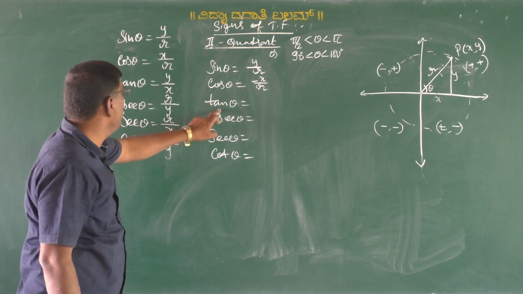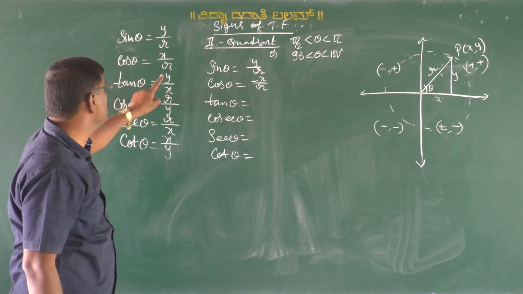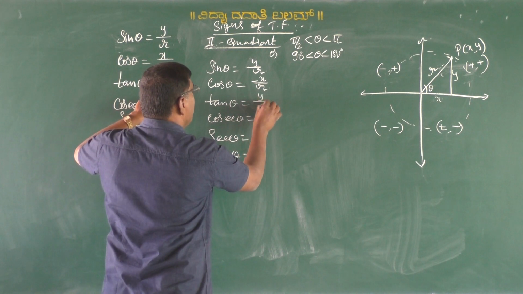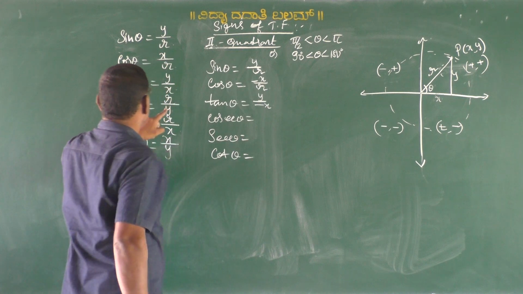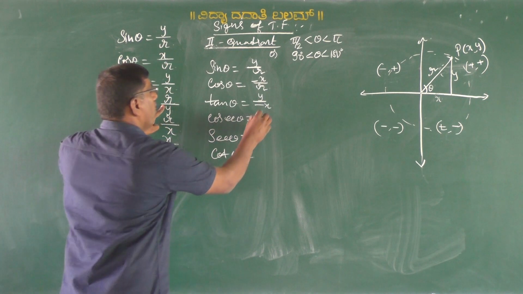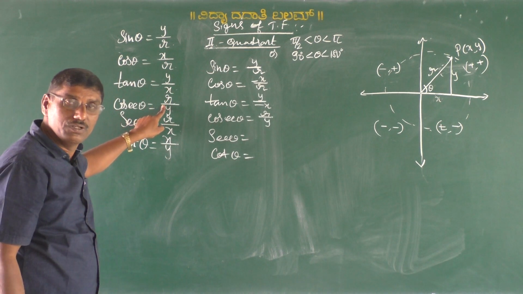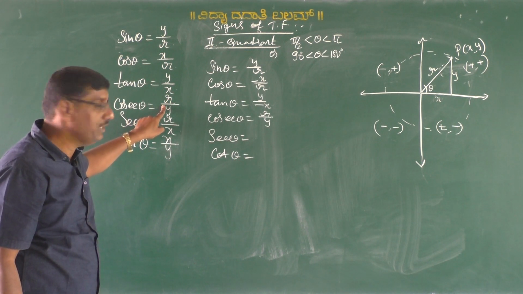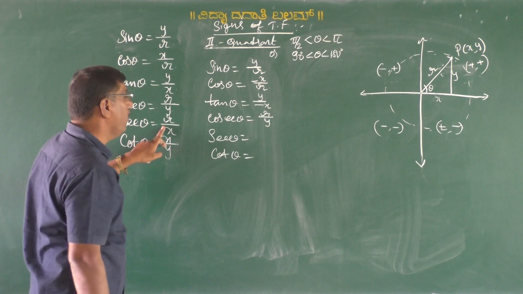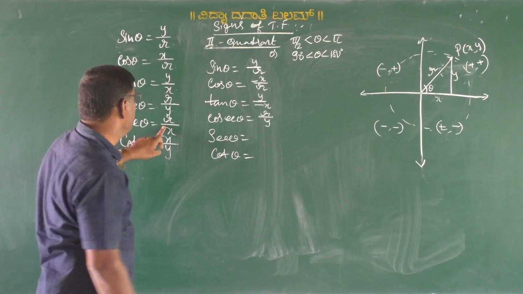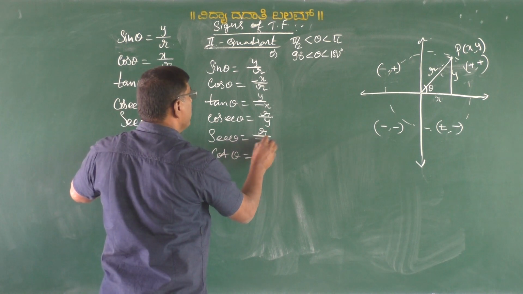Tan theta: y is positive, but x is negative, that is y divided by minus x. Cosecant theta: r by y, since y is positive. Secant theta: x is negative, that means r divided by minus x.